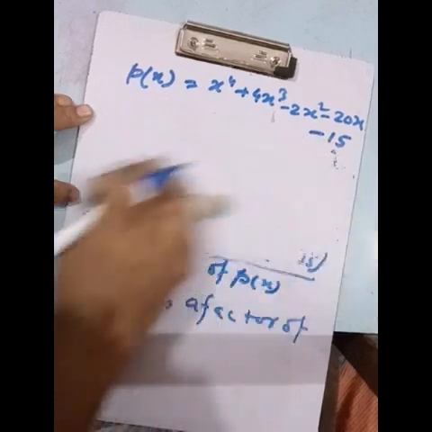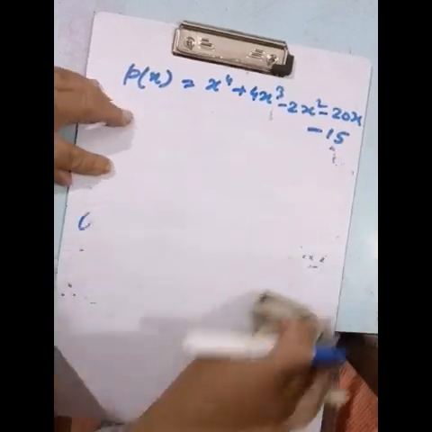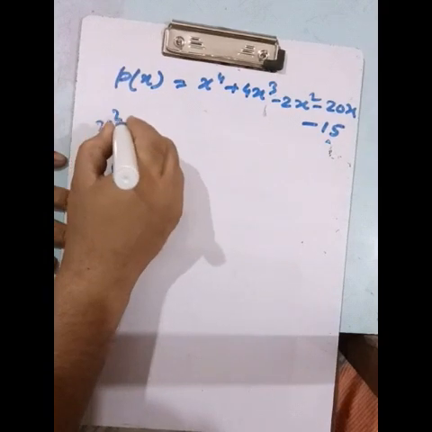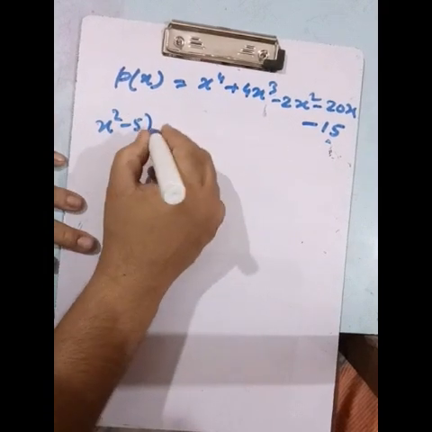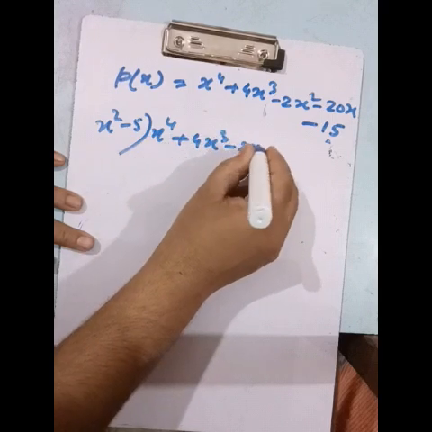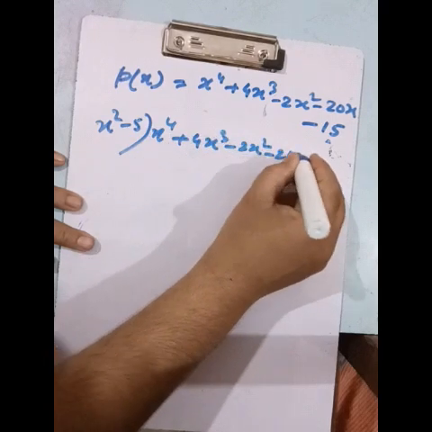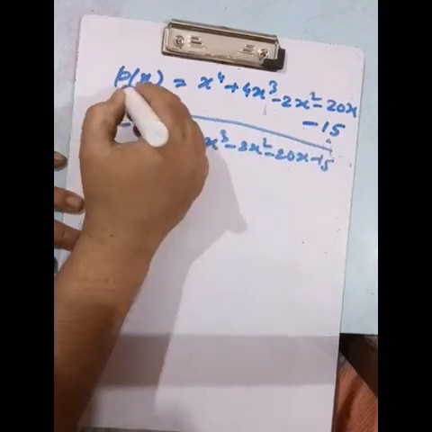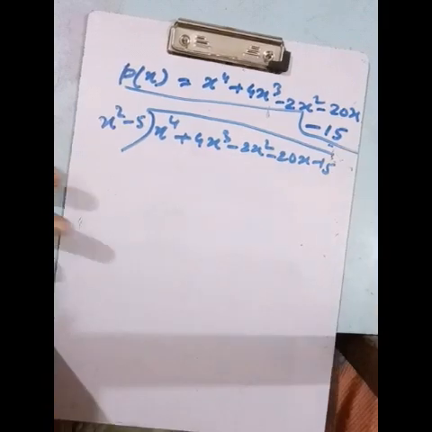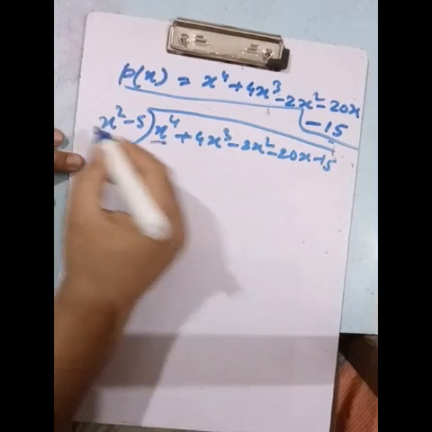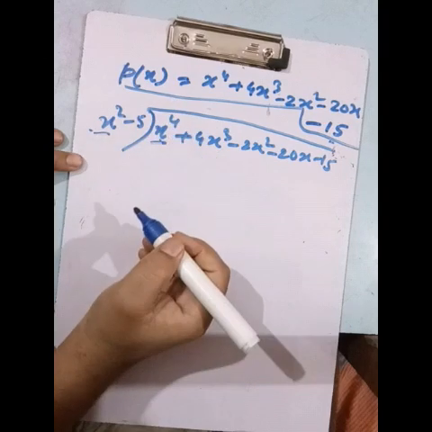So simply we will divide it to get its quotient. We will write here x square minus 5, and we are dividing x to the power 4 plus 4x cube minus 2x square minus 20x minus 15. We will write the quotient above. Here x to the power 4, so no sign will be changed.